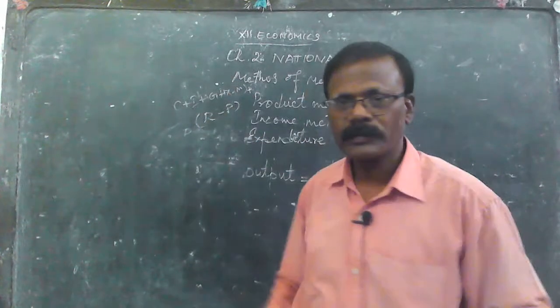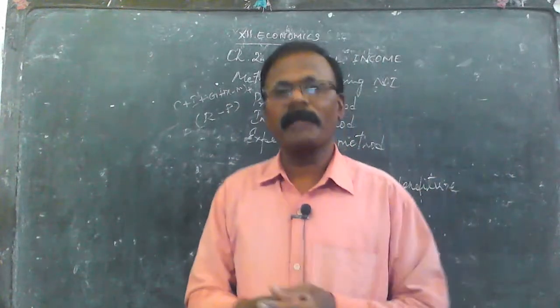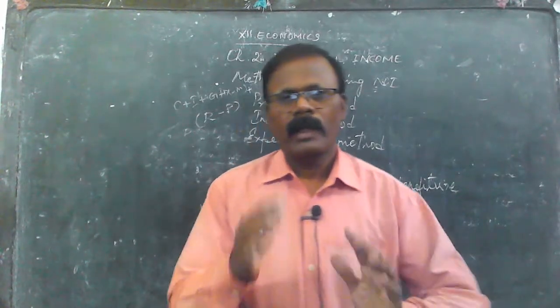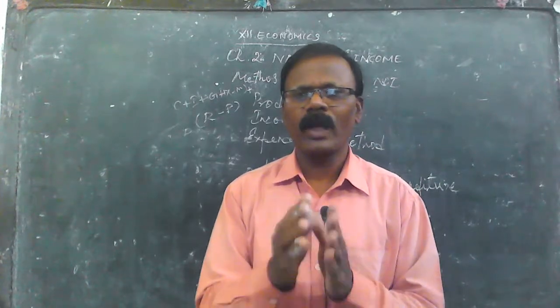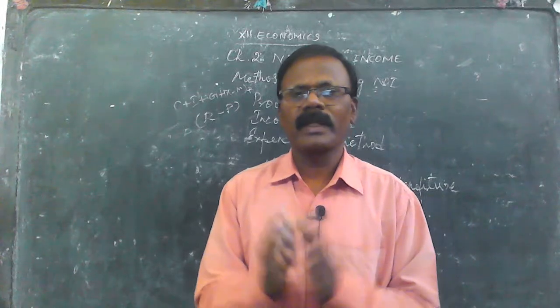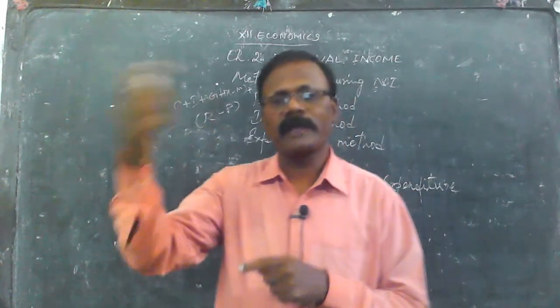Understood? Now, the next is NNP at market price. NNP means the net value of the output, or the value of the net output of the economy, and this is also part of the GNP.